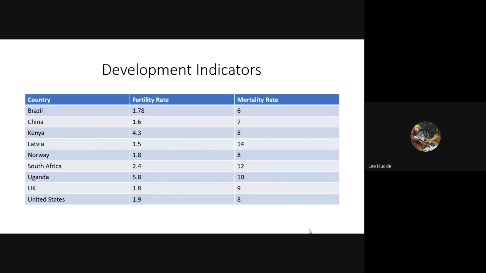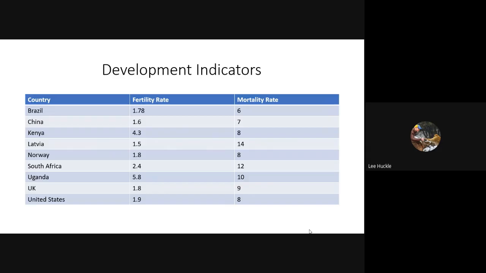So, countries there, and what I'd have asked you to do was rank them in terms of the fertility rate. So really, the higher the fertility rate, the less developed the country tends to be. You can see there a fertility rate for Uganda of 5.8 is pretty high. On average, a woman is having 5.8 children. Now that is still pretty high in our world today. So that would have probably been ranked as the last country.